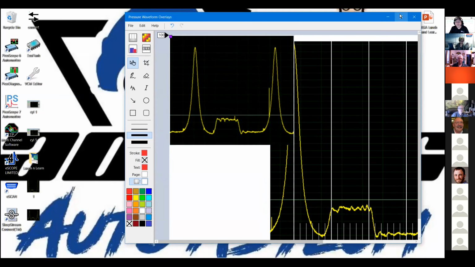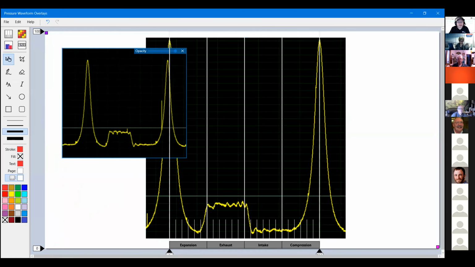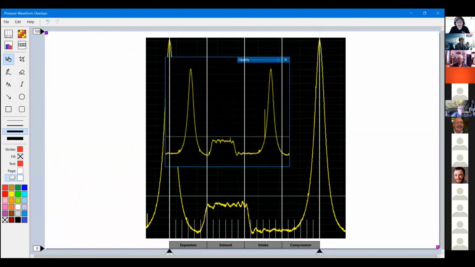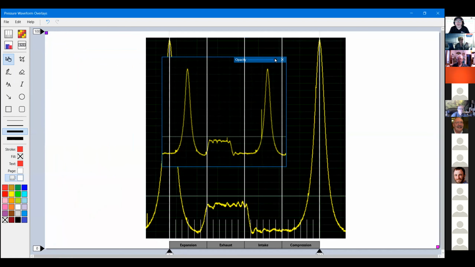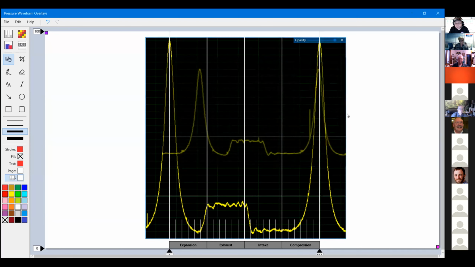Now I have 2 waveforms on my palette. Now I'm going to take this, and I'm going to put it over the top of this one. Now I have a little opacity meter. I can dim it down. I can bring it back. I'm going to dim it about half. And now I'm going to take this and start doing the stretch.